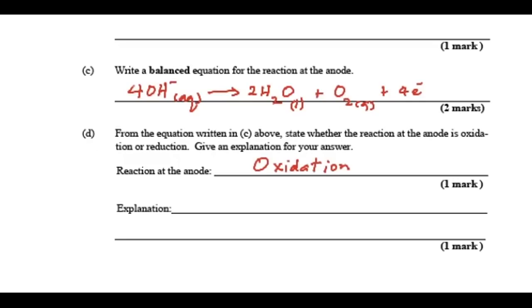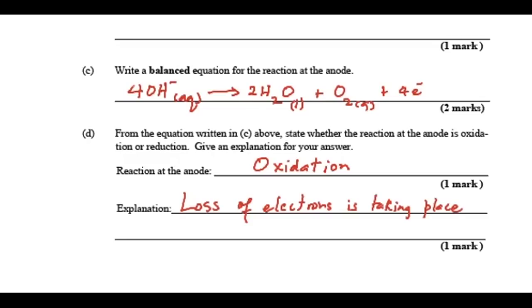So the explanation for this, we can state that loss of electrons is taking place. We're seeing that electrons are lost, electrons are generated. So we have OH-, and on the right-hand side, we see electrons being made available. So we could say loss of electrons is occurring.